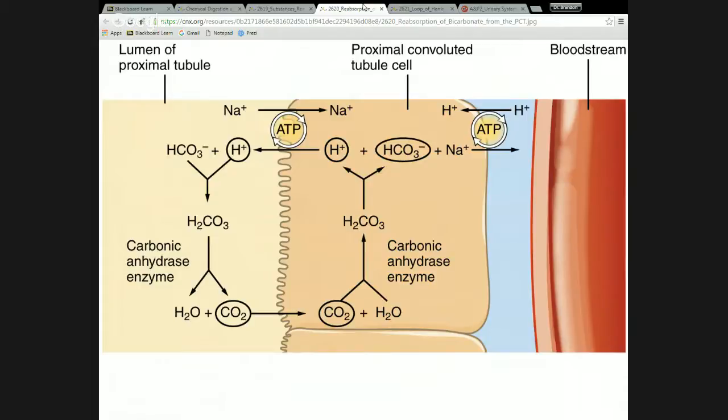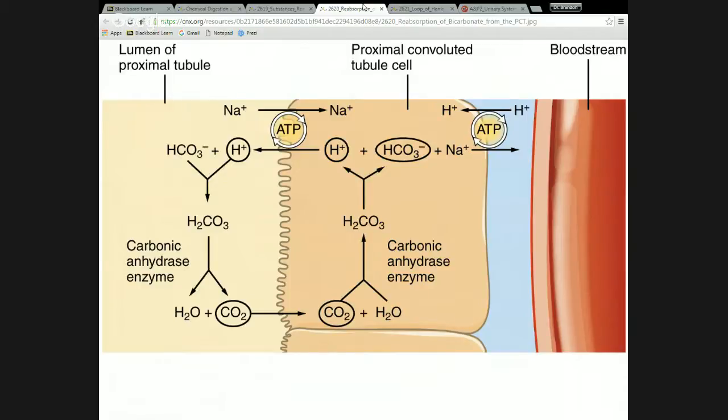So carbonic acid is formed from carbon dioxide and water. And so we got H2CO3. The enzyme actually causes that to happen. It dissociates into bicarbonate and hydrogen ions. We get rid of those things.